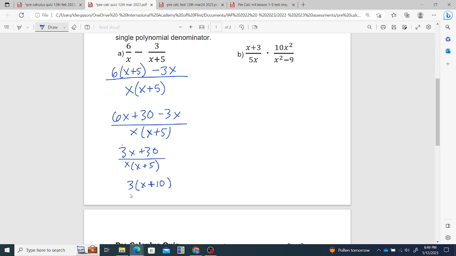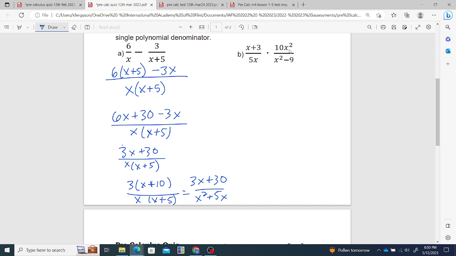So 3 times x plus 10 over x times x plus 5. There is nothing that I can factor out. So if it makes you feel good, you can distribute and get your final answer to be x squared plus 5x. So either one of those will be fine. Either the factored form or the non-factored form.